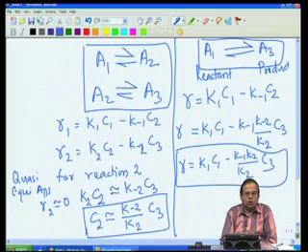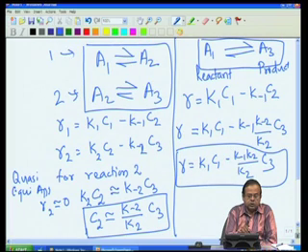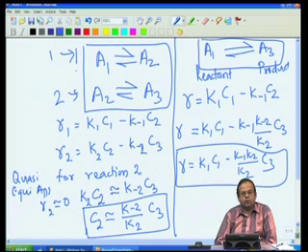and one way I can do that is to use the quasi equilibrium approximation for reaction 2. This is my reaction 1. I can use it for reaction 2 and express C2 in terms of C3 and put it back in this rate expression, and I get the kinetics of the reaction in terms of C1 and C3.